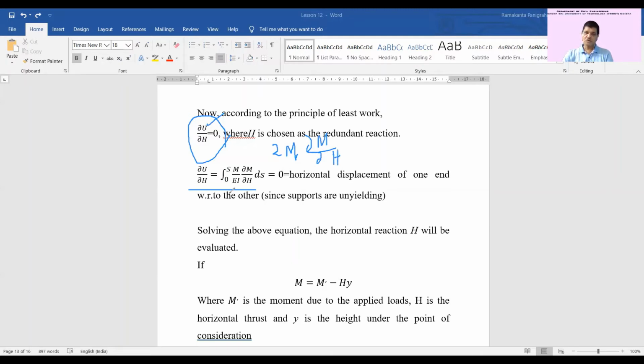So there is a 2EI on the bottom, so the 2 will cancel, and you can find the integral of M by EI into del M by del H into ds is equal to 0.